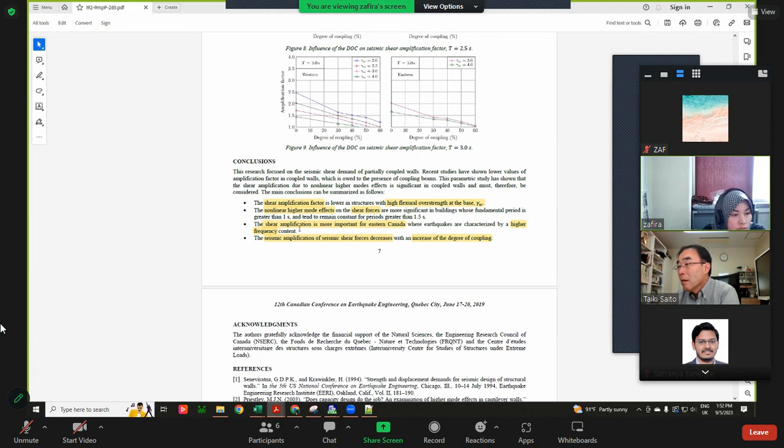Shear amplification is more important for Eastern Canada, where earthquakes have higher frequency content. Lastly, the amplification of seismic shear force decreases with an increase of degree of coupling. Only the last comment is related to degree of coupling.